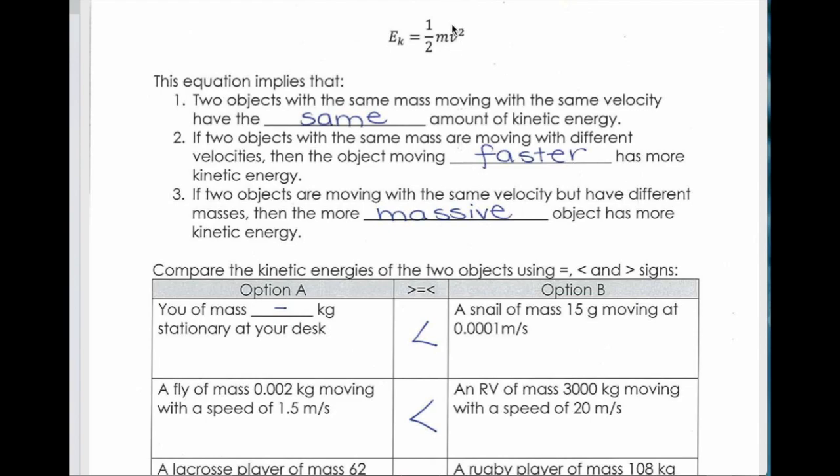So if we had a velocity of 2 compared to a velocity of 4, the one with 4 increases the kinetic energy. If two objects are moving with the same velocity but have different masses, the more massive object has more kinetic energy. And like before, how fast you are can increase the kinetic energy more than how massive you are.